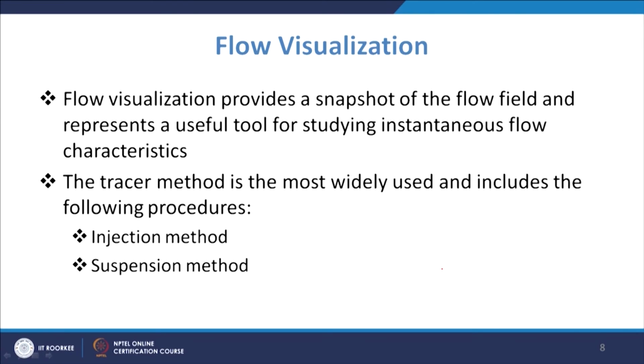One is the injection method. In this case we inject a certain tracer, and once injected, it will go and disperse, diffuse, inside the vessel, whether it is the tundish or the ladle.